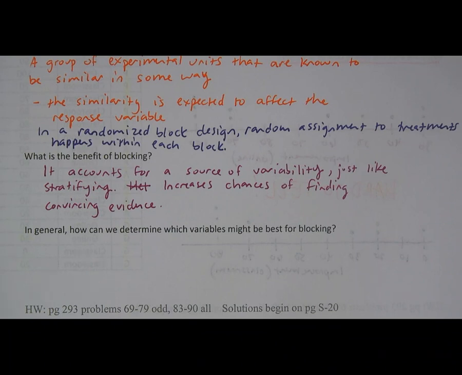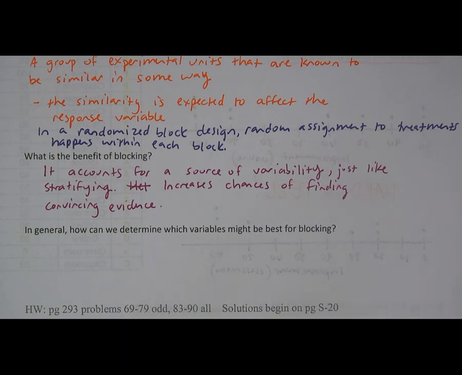So if you're just thrown to the wolves and you're like, okay, create a randomized block experiment, how would you know how to create your blocks or your groups? And the answer there is, again, you're just going to try and make groups that are similar in some way that might affect the outcome.